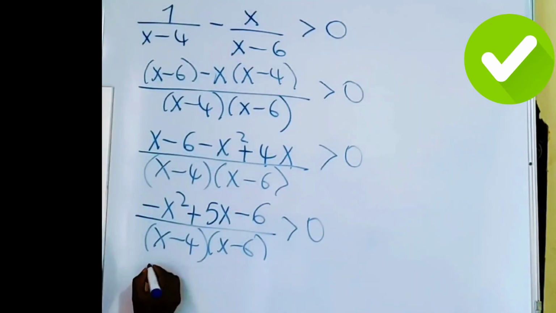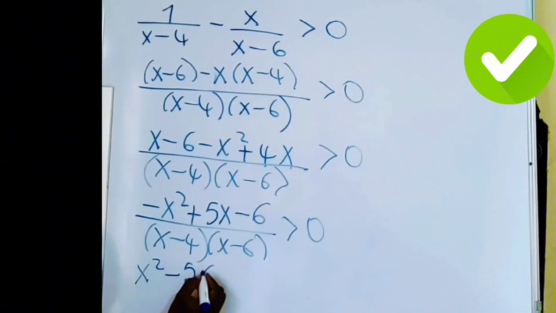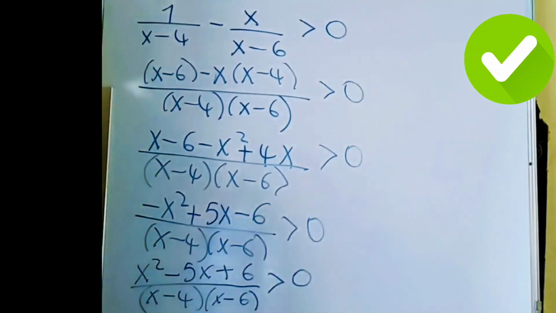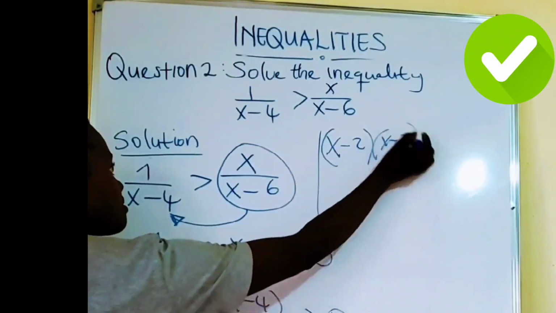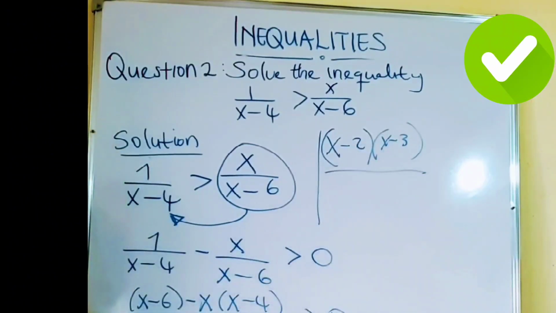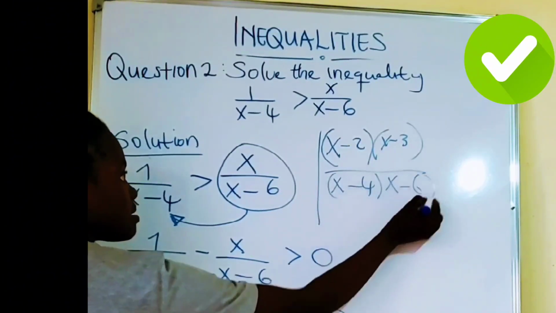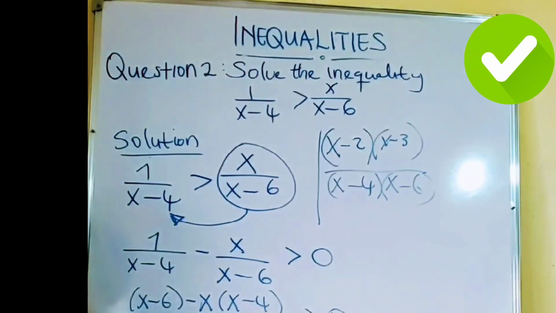And that can also be written as x squared minus 5x plus 6 and x minus 4 into x minus 6 greater than 0. Now when we solve the quadratic equation in the numerator by factorization, we are going to have x minus 2 into x minus 3 and all that on x minus 4 into x minus 6, greater than 0.